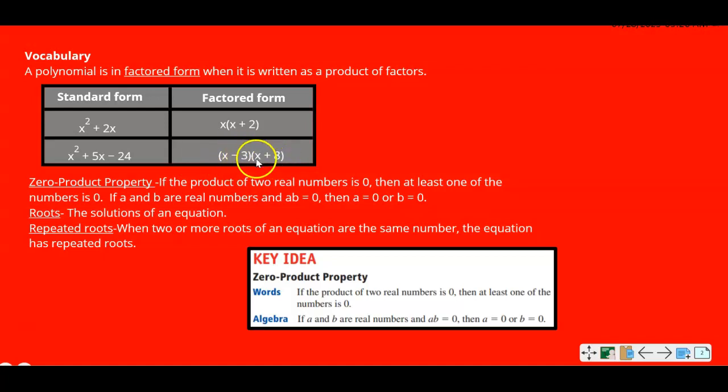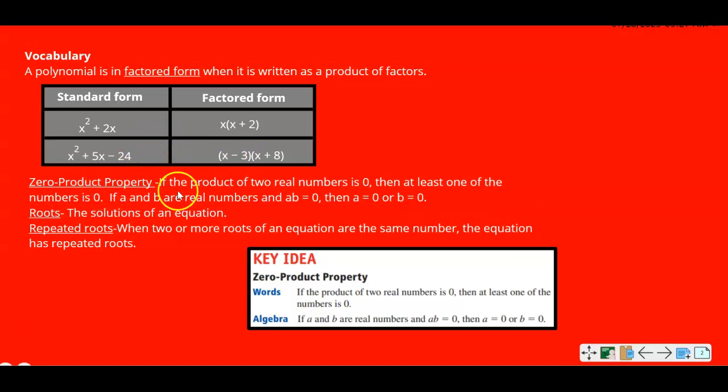Again, if you do x times x, you get x squared, plus 8x minus 3x is plus 5x in the middle, and negative 3 times 8 is negative 24. So even though standard form and factored form look very different, these two expressions are equivalent. They're just written in different forms.